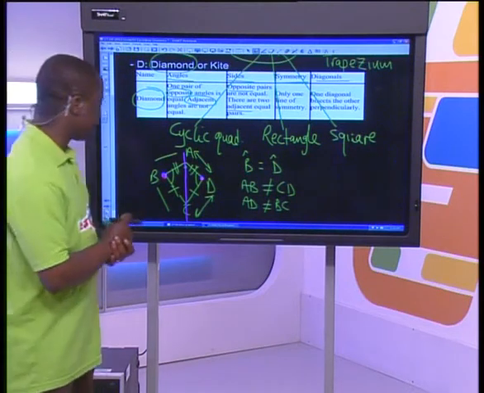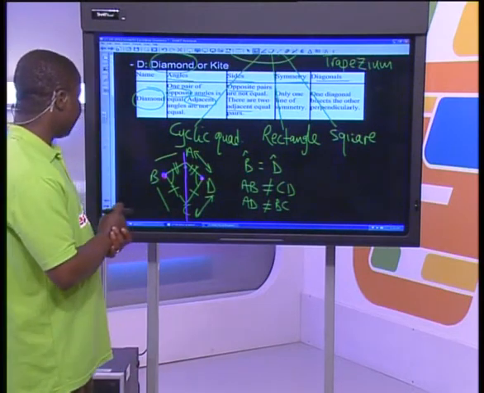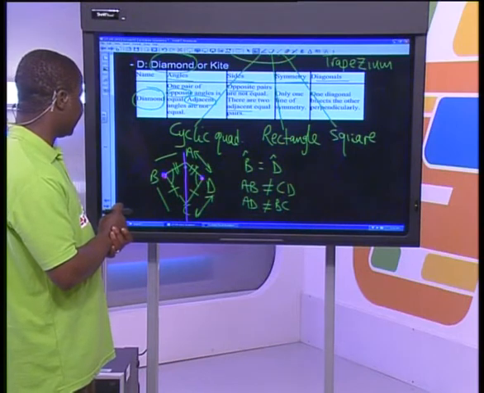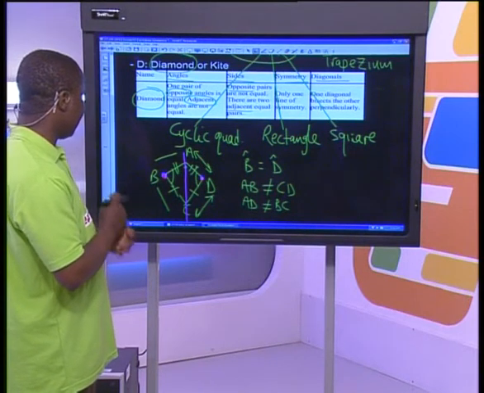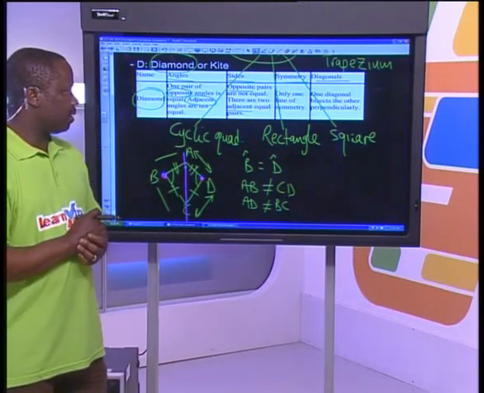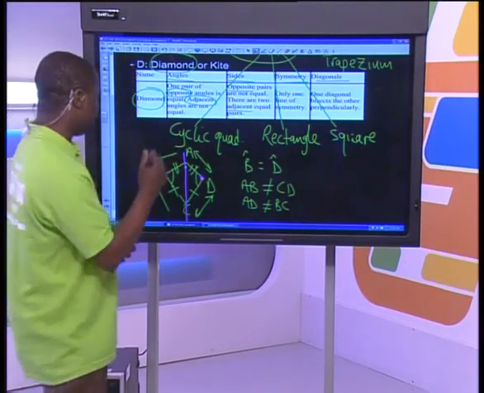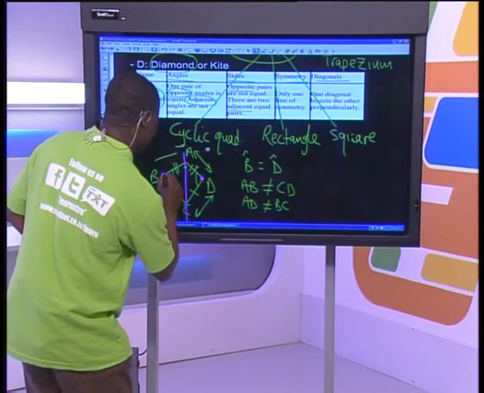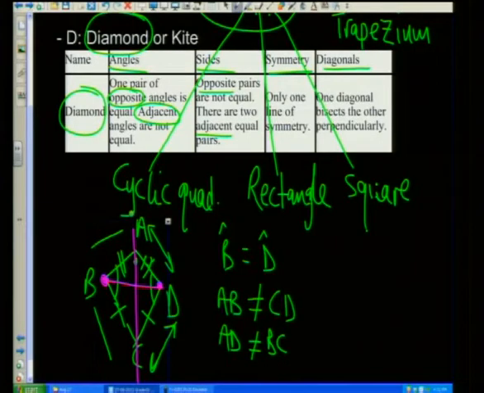And what about the diagonals? The diagonals of a kite: only one diagonal bisects the other diagonal perpendicularly. By that I mean a diagonal, by the way, is a line that goes from vertex to vertex, in this case in this quadrilateral.